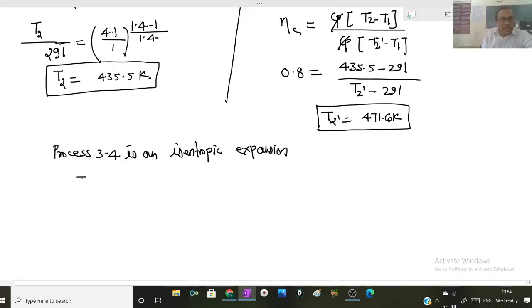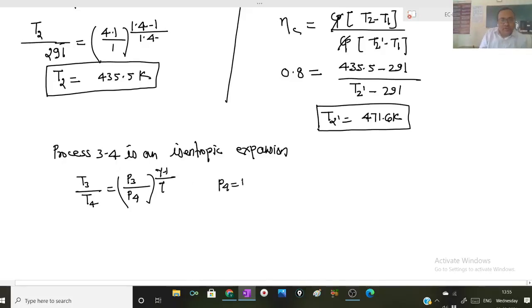What does it mean? I can have this thermodynamic relation: T3 over T4 equals P3 over P4 to the power gamma minus 1 over gamma.